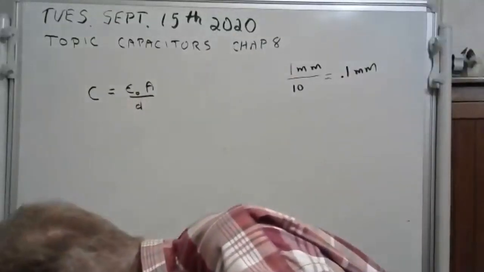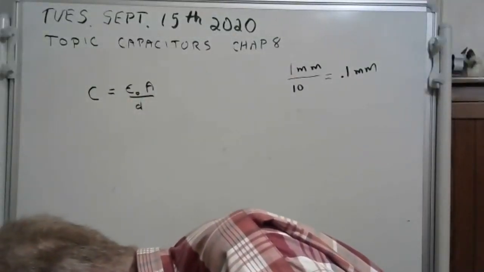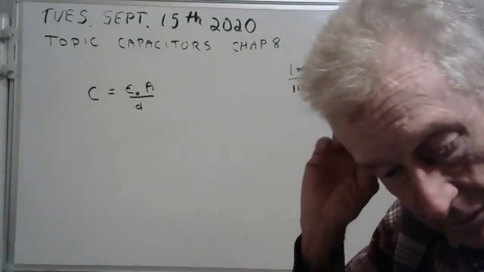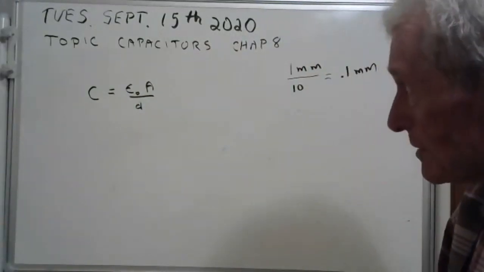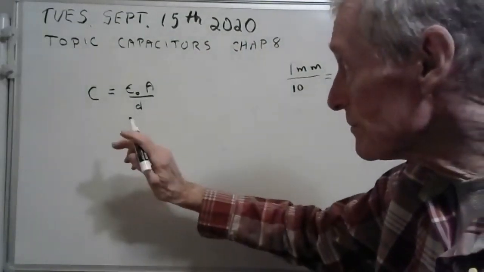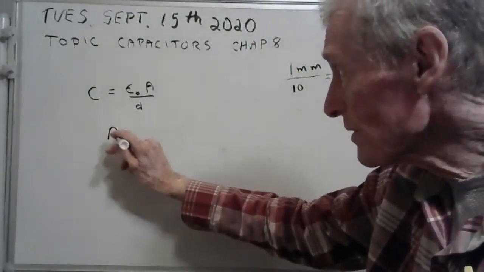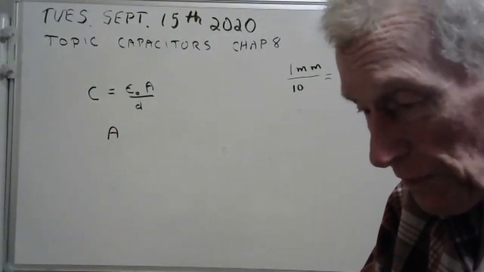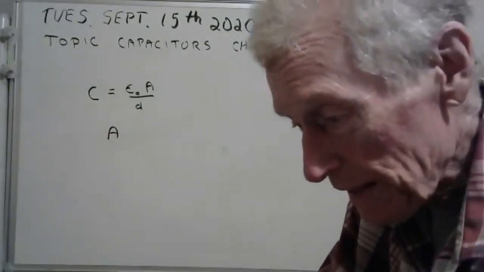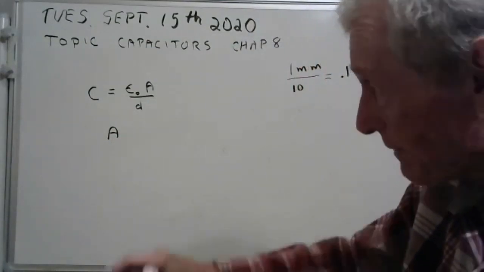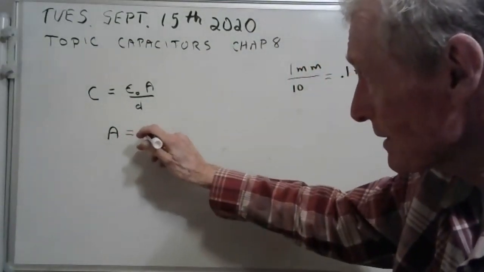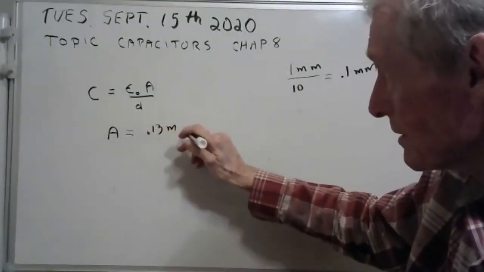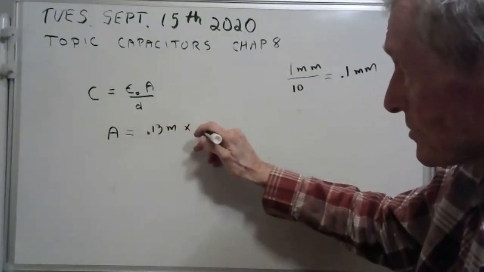Now let me put my capacitor back together. Had to take it apart. See, we're talking about the area of the plates, the metal plates. All the paper does is insulate to keep them from touching. And I think I said it was 13 centimeters by 10 centimeters.